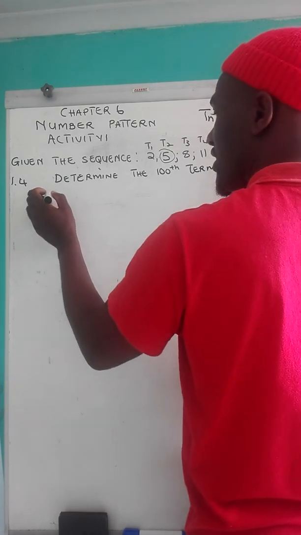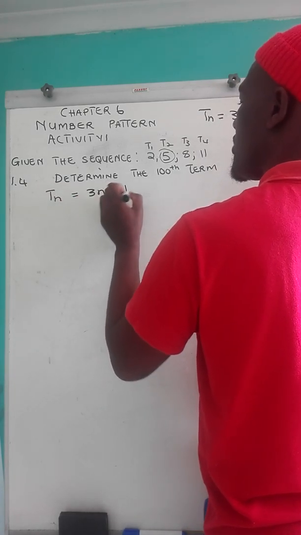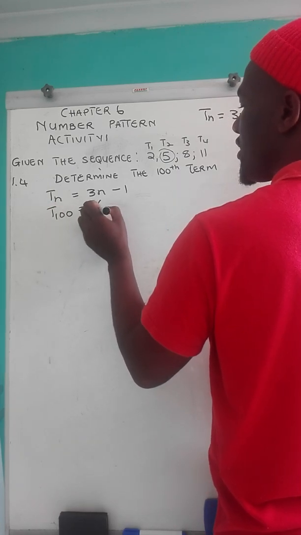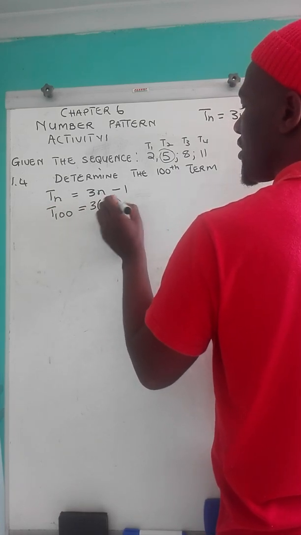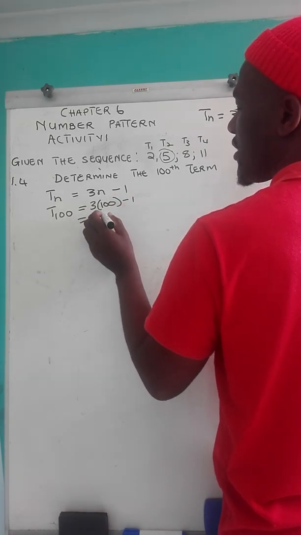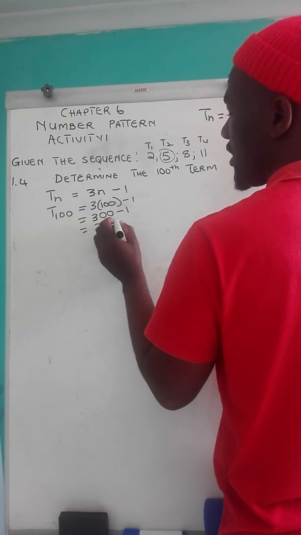To determine the 100th term, you know Tn is equal to 3n minus 1. When you see n, you substitute 100. This is what? 300 minus 1. This is 299.